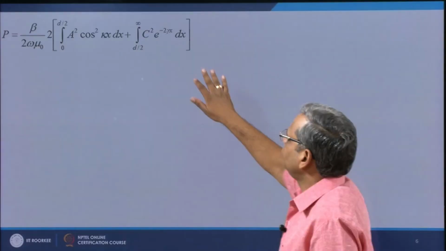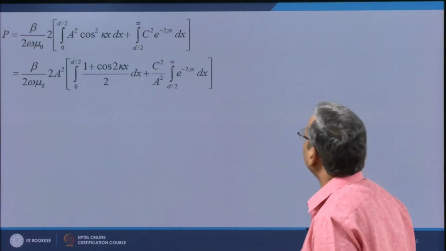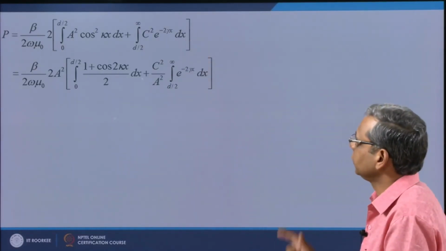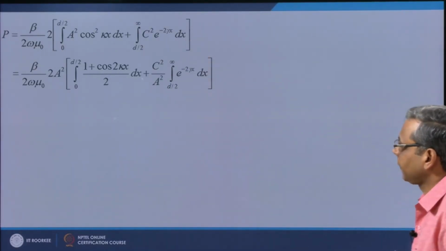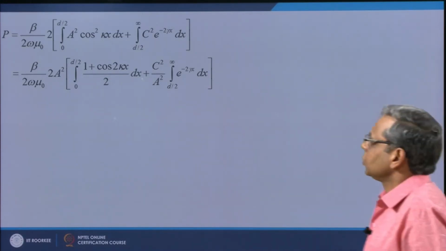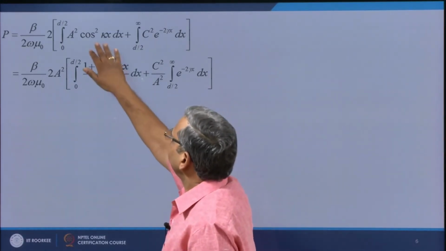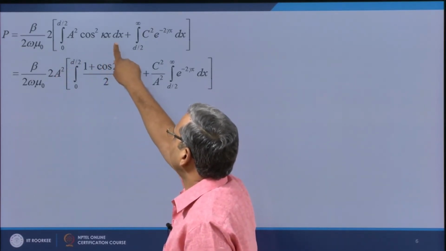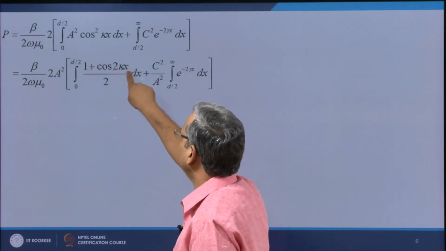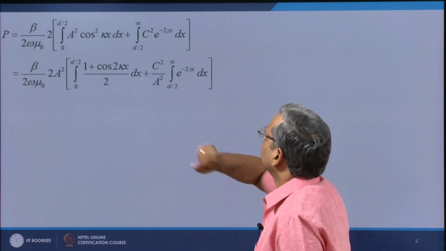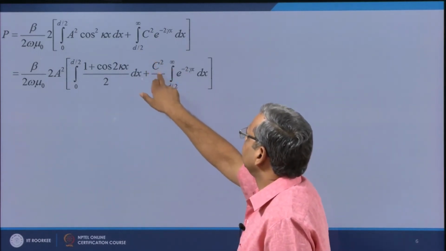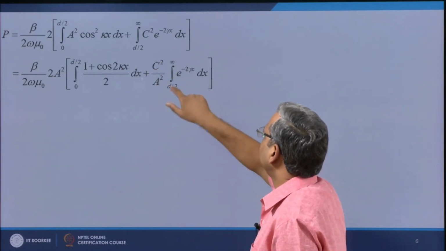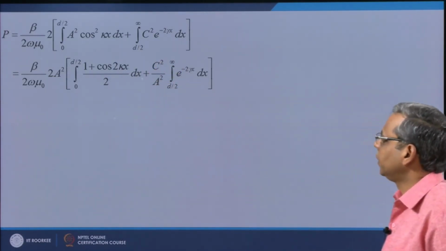Let me evaluate this integral while using the boundary conditions also, because I need to relate c to a. Here I simplify this as I take a square outside, and cosine square kappa x can be written as (1 plus cosine 2 kappa x) by 2, and c square over a square comes out of the integral from d by 2 to infinity of e to the power minus 2 gamma x dx.